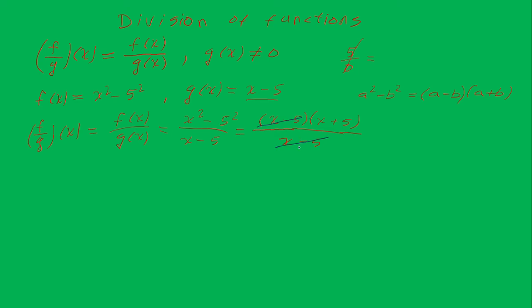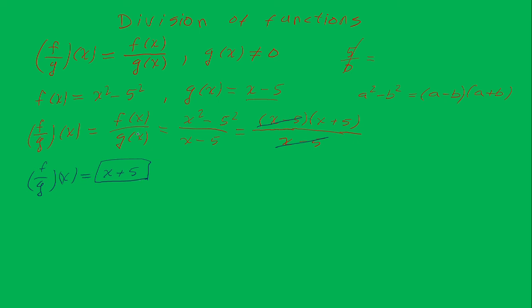X minus 5 and x minus 5 divide out. So we will end up with f divided by g of x being equal to just x plus 5. The fraction line completely disappears, right?